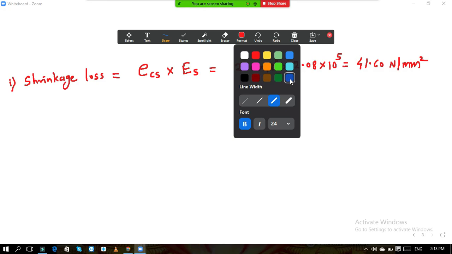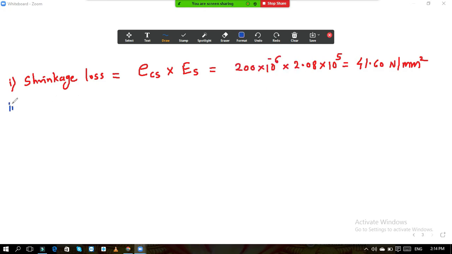Okay. Then the second, elastic shortening. Just see the formula and put the values. Nothing is much more complicated in this chapter. Just see the formula and put the values. That's it.